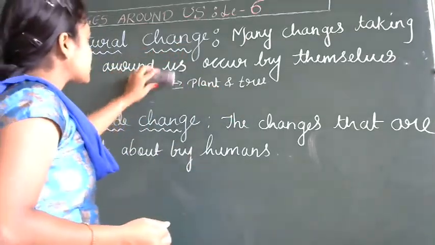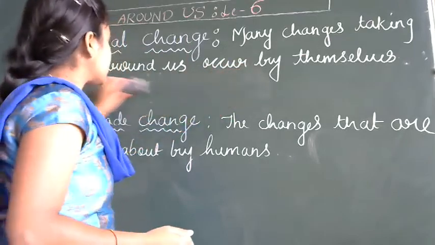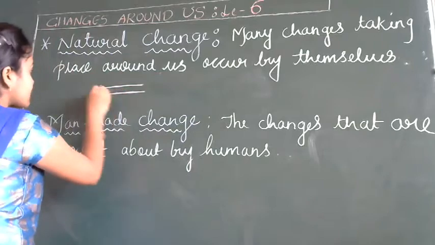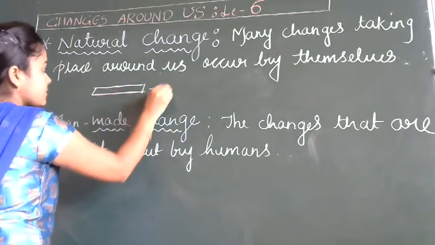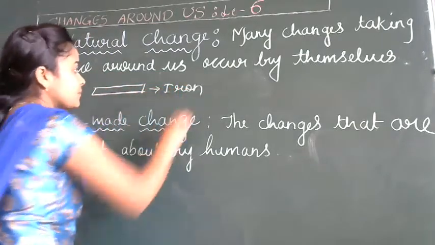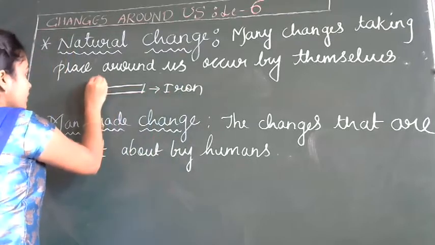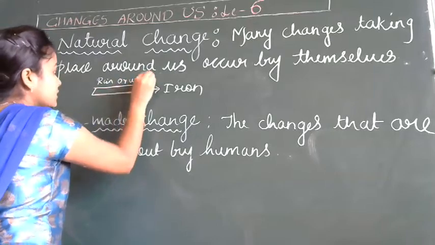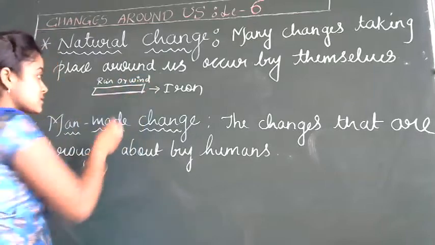Now again, where can you see a natural change? I have told you one example, iron steel. Because of rain or wind, this iron will become rust.